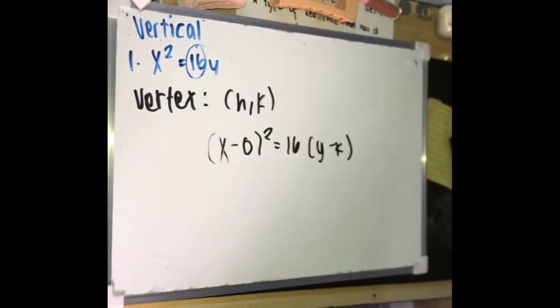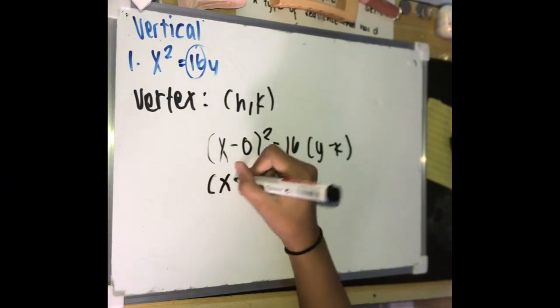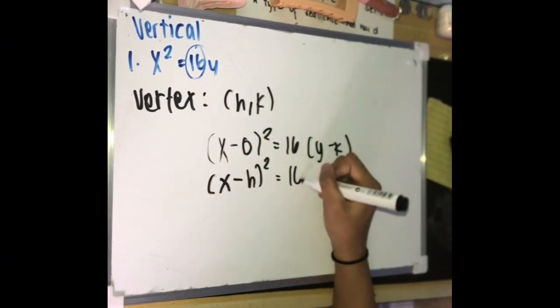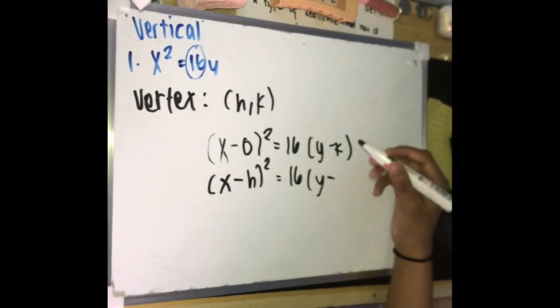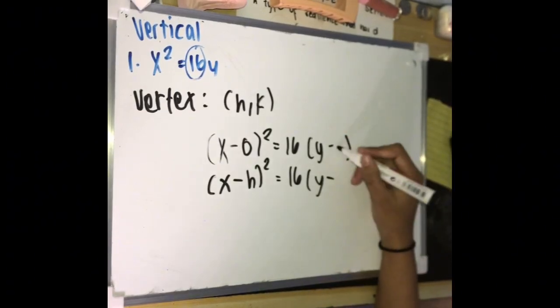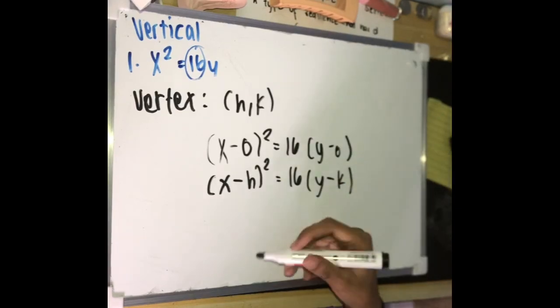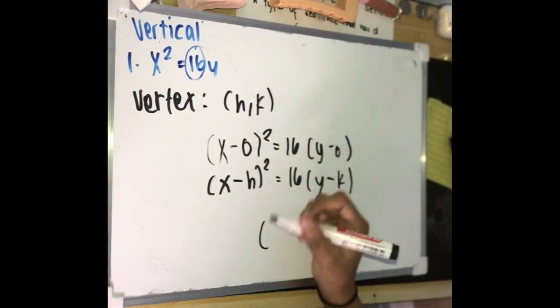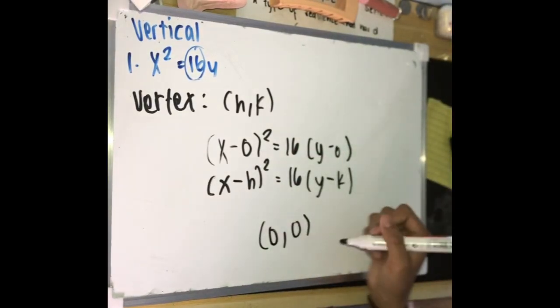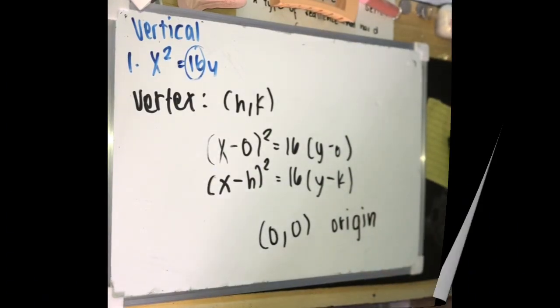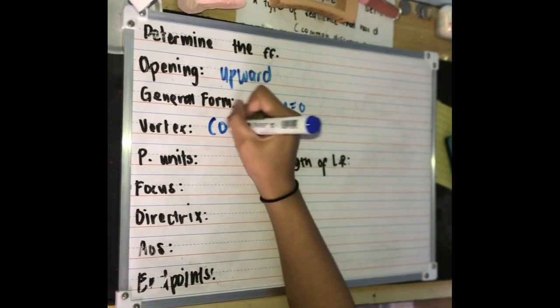Kapag ni-write down naman po natin yung formula, makikita po natin na agad yung value ng h and k. So, ayan. So, yung k po natin is 0, and yung h po natin is 0. So, which means, nasa origin po yung vertex natin. So, our vertex is 0 and 0.